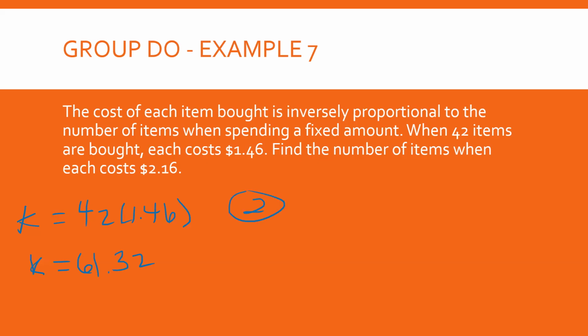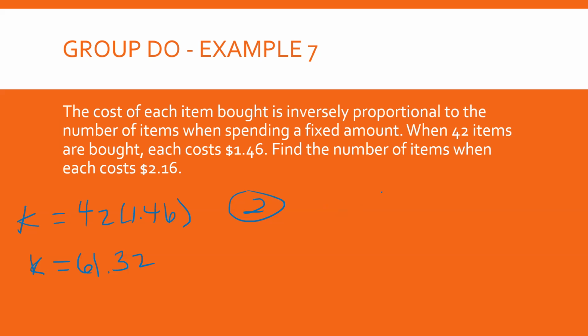It says that the cost of each item bought is inversely proportional to the number of items when spending a fixed number. Okay. So your cost, so your C equals your, I wrote that backwards. What variable? I'm just going to use X's and Y's because I can't do it any other way.